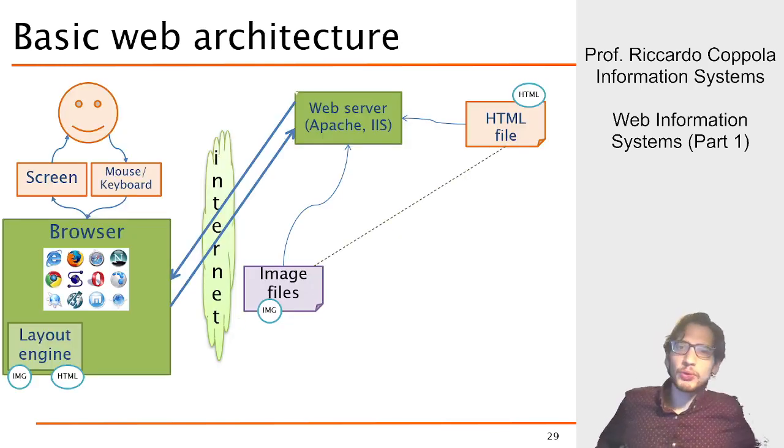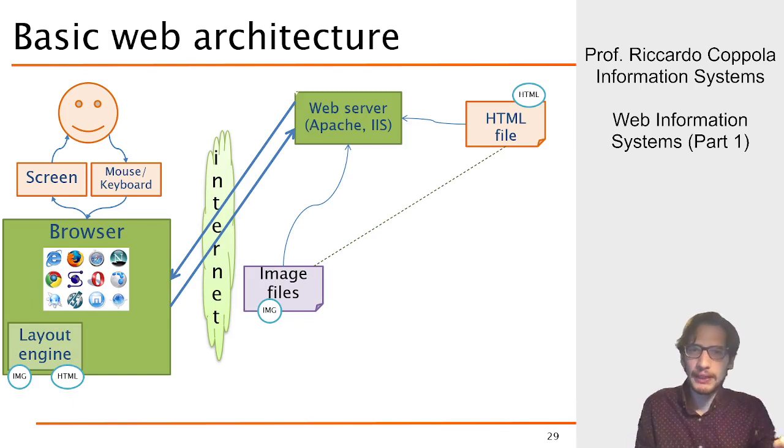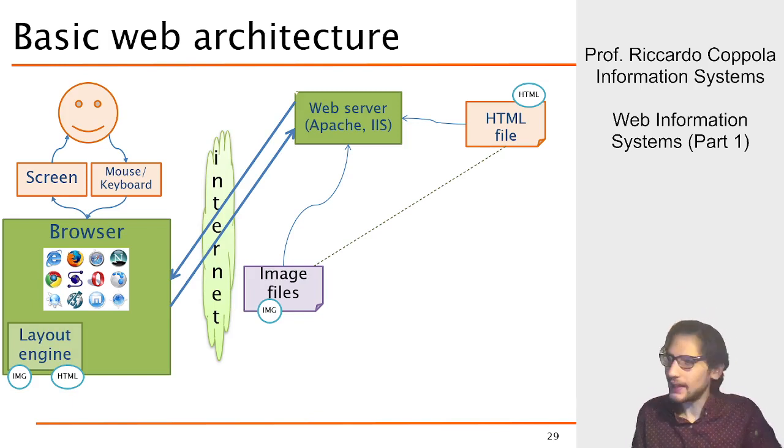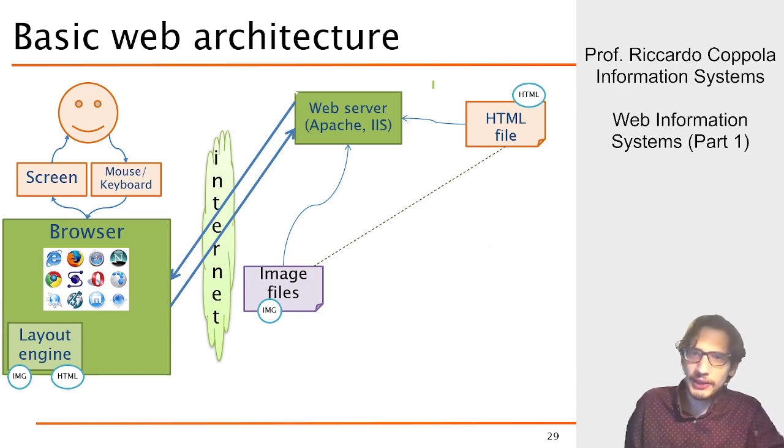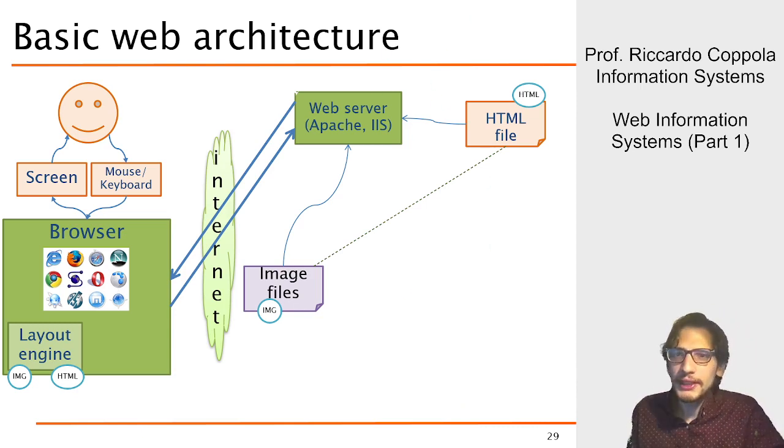So in general, to make the architecture even more detailed, even though we will add some more details in the future, at this point we have talked about these components. So we have my user, we have a browser that can be of many different types.